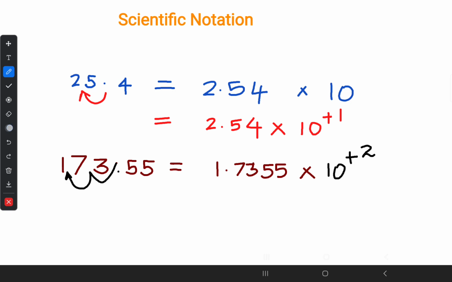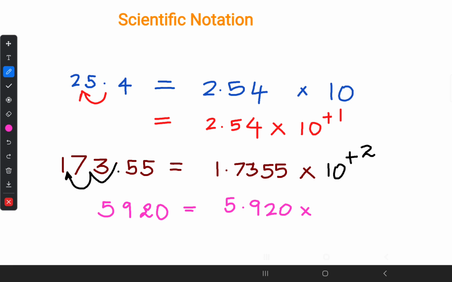Okay, let's try another example. You have 595,920. First, I'll express this one as 5.9592. In this question, not like our previous one, there are no decimals given.